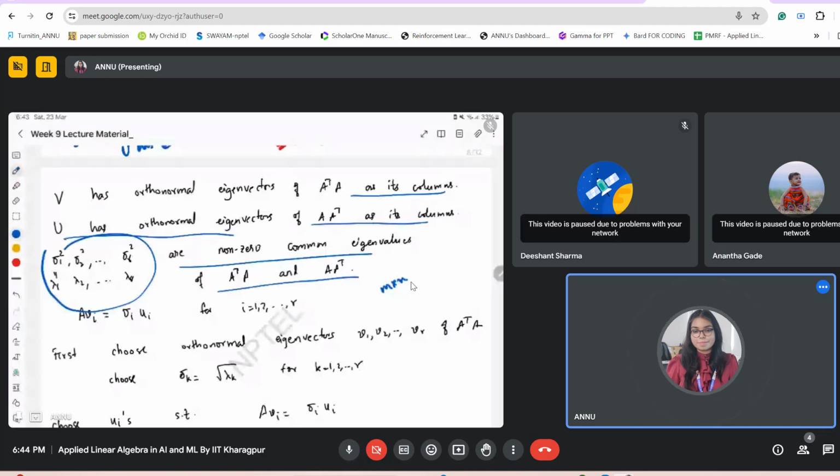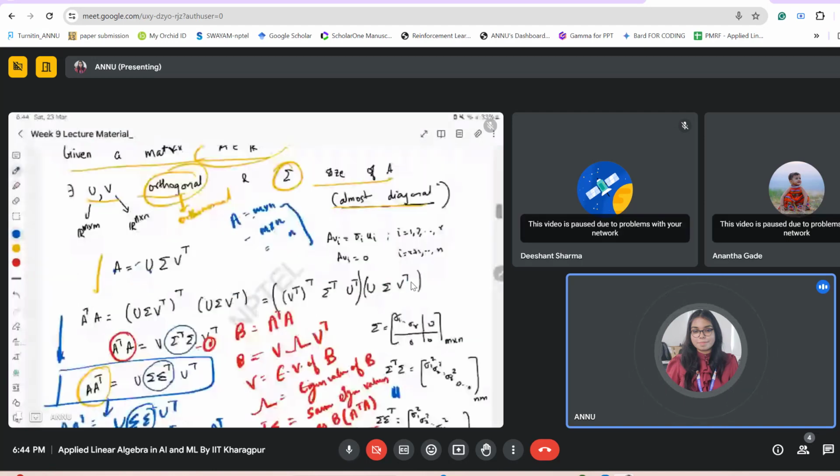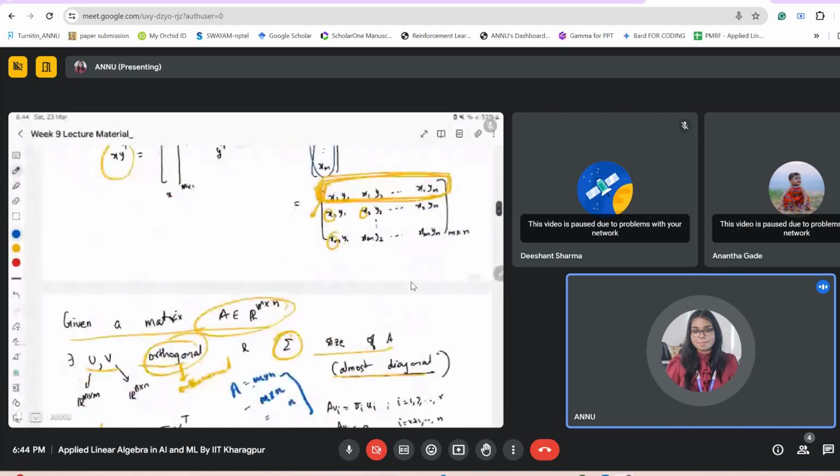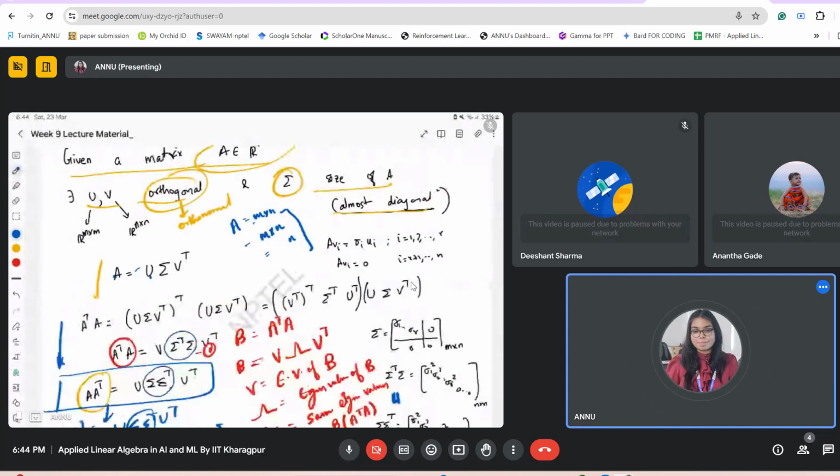If we keep this M cross M, this is for sure N cross N. Okay, I'll tell you in a while. So sorry, I told correctly only. So yeah, this is the dimension we should remember. Today also I'm getting confused, but yeah, it is like this.